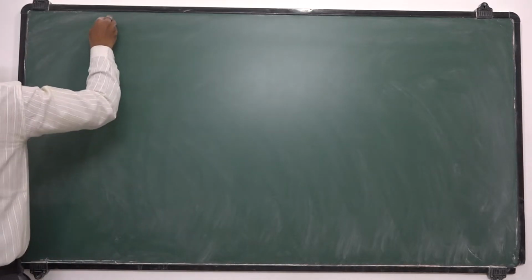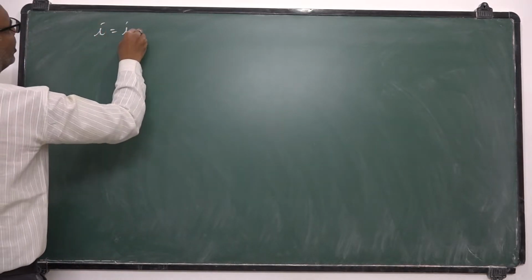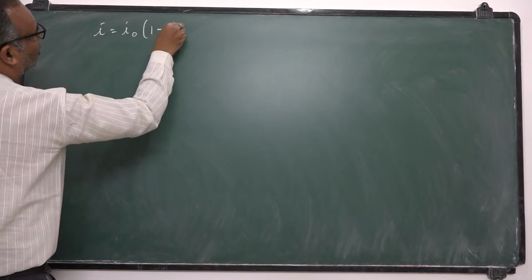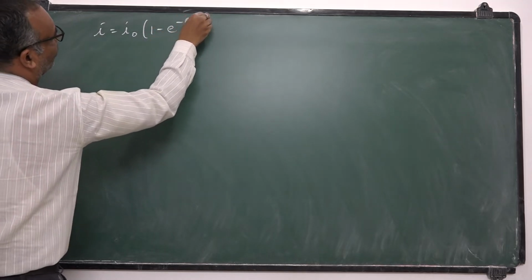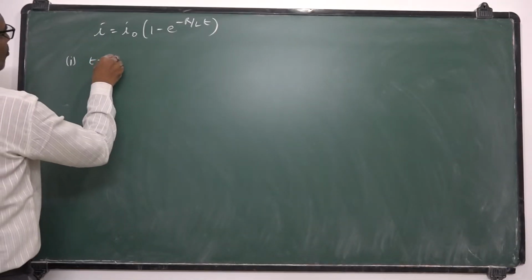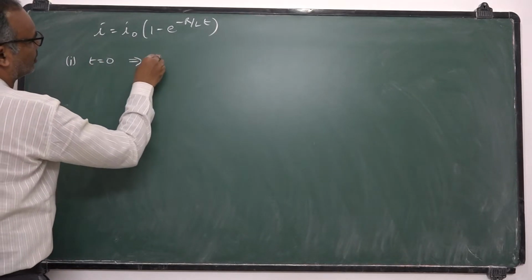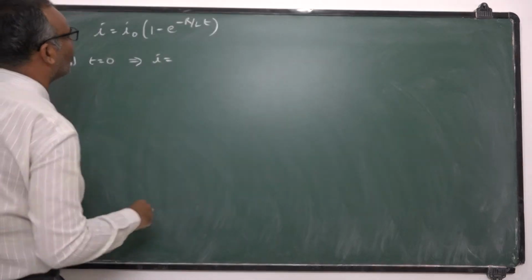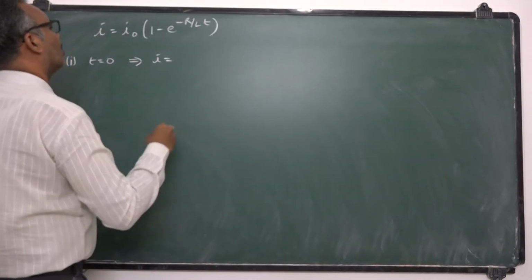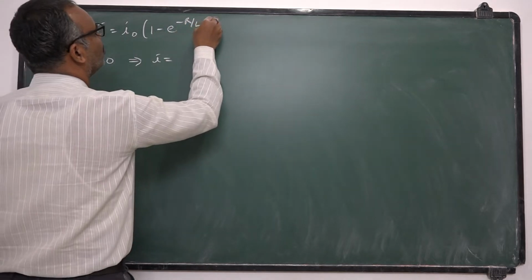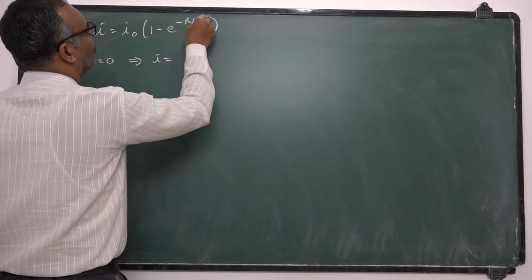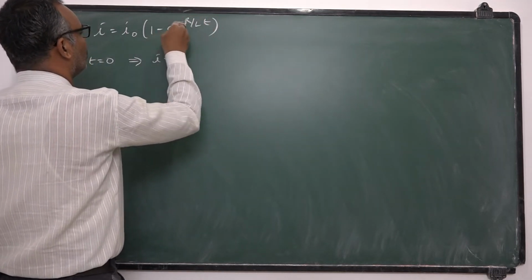The growth of current is governed by the equation 1 minus e power minus R by L into t. Case number 1, when time t is equal to 0, I is the instantaneous current at a particular time t. When you keep t equal to 0 here, e power 0, something power 0 is 1, 1 minus 1 is 0.